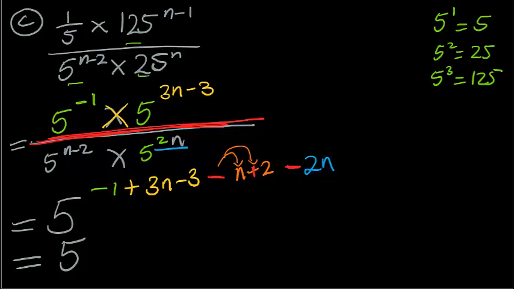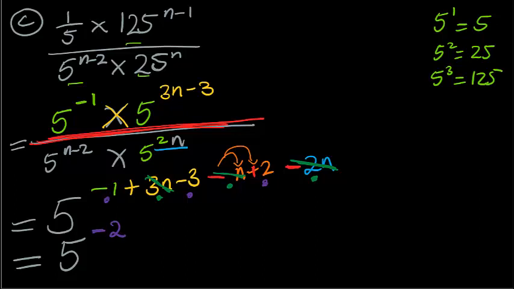Let's do the n's first. So I'm going to say 3n minus n is 2n minus 2n is 0. So 3 minus 1 minus 2 is 0. I cancel that out. I don't write anything. Then on the numbers, I've got minus 1 minus 3. That's minus 4. Minus 4 plus 2 is minus 2. So my exponent is going to be minus 2.